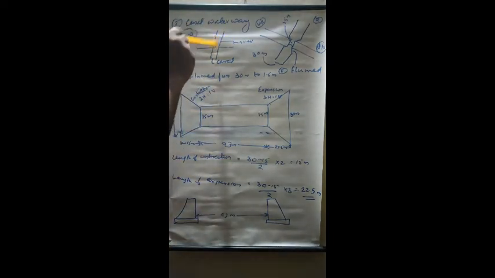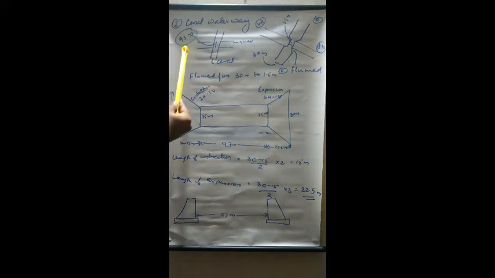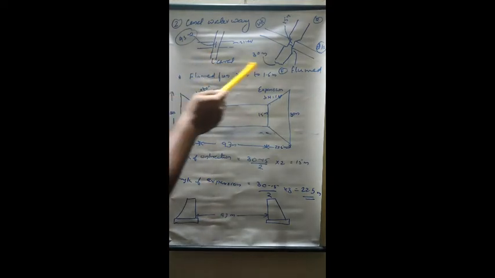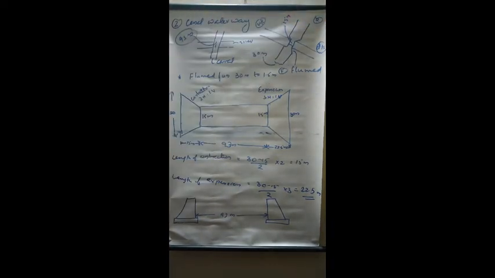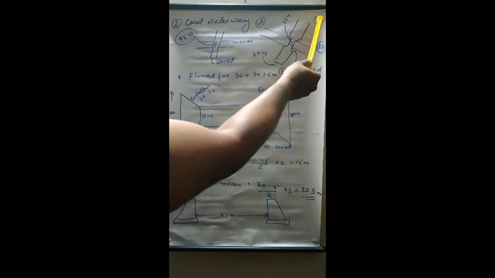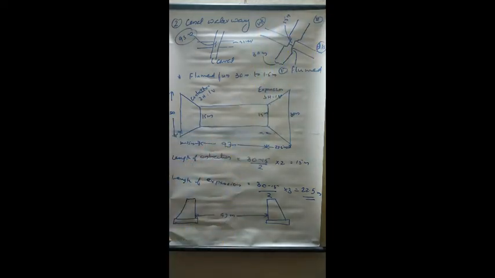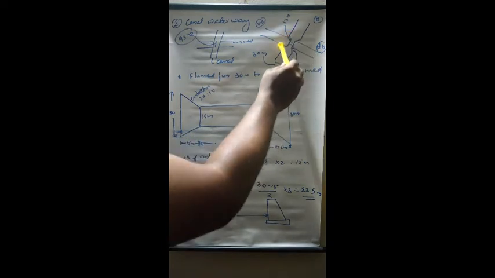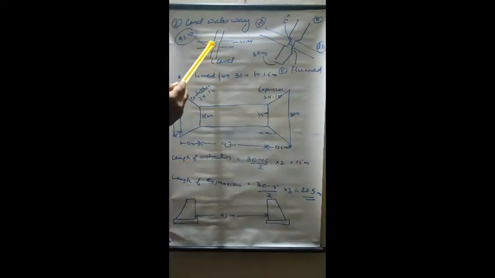And when the canal and river cross, where cross drainage work is provided, the length of waterway provided is 93 meter, that we designed in the last step using Lacey's equation. So the canal is coming from the reservoir or the weir, whatever may be, and it is going to the field. So at the cross drainage work where the canal and the river meet, 93 meter length is available for the canal, 93 meter length.